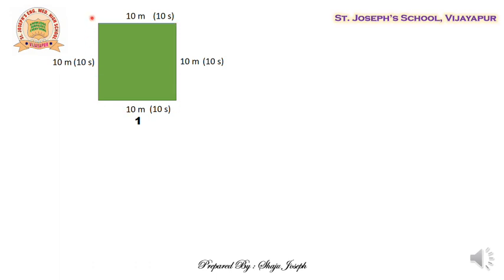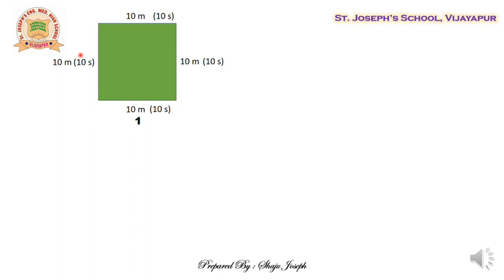Assuming he takes the same time for all the sides: 10 meters in 10 seconds, another 10 meters in another 10 seconds, another 10 meters in another 10 seconds, and the last 10 meters again in 10 seconds. So 40 meters will be covered in 40 seconds.